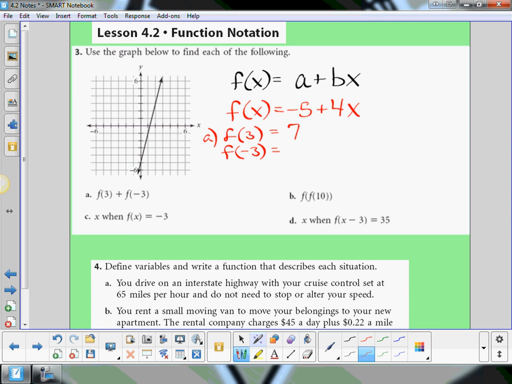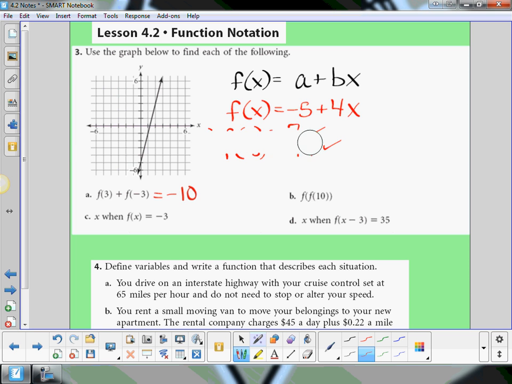F of -3 would be -5 plus -12, and that's -17. So the answer here is the sum of f of 3 and f of -3, and that would equal -10. Okay? So that's part A.